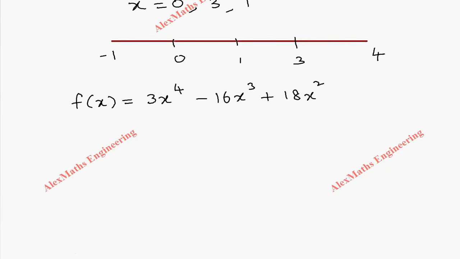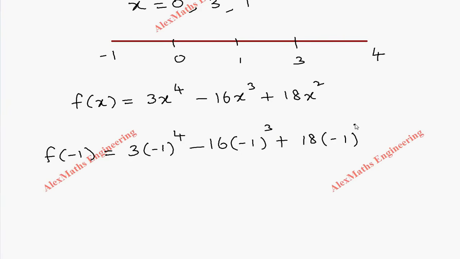Now let's take the first value, f of minus 1. That will become 3 into minus 1 whole power 4 minus 16 into minus 1 whole cube plus 18 into minus 1 whole square. This will give 3, and minus 1 whole cube is negative, so it will become plus 16. Then this will become plus 18.